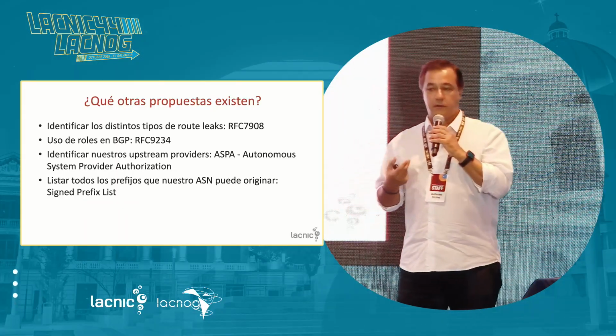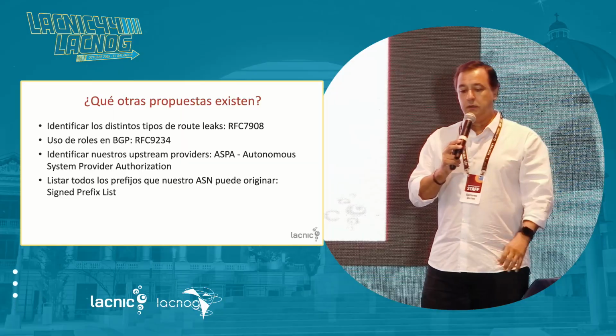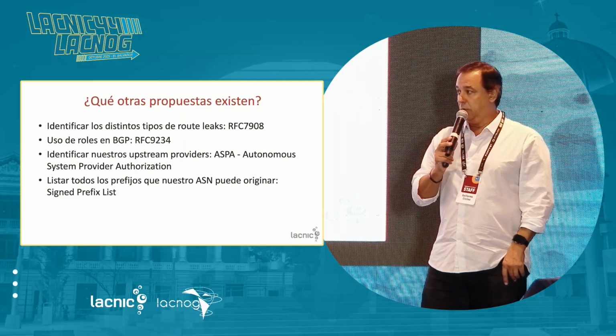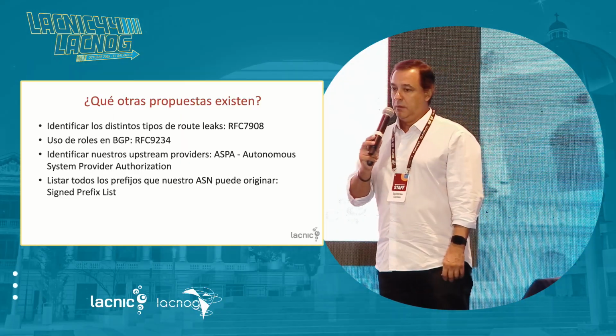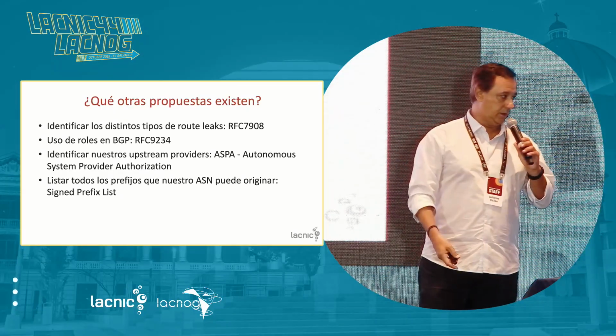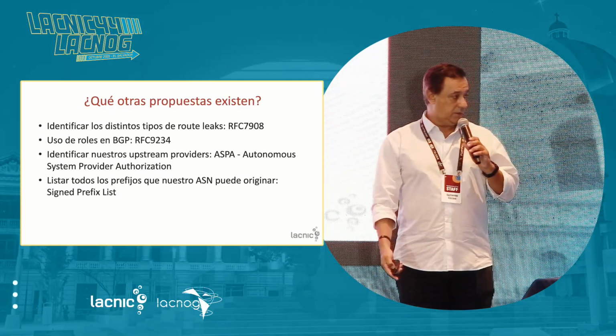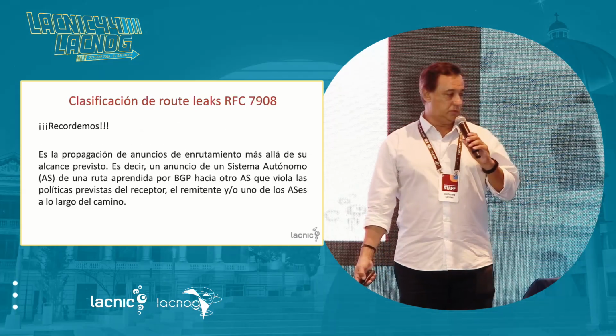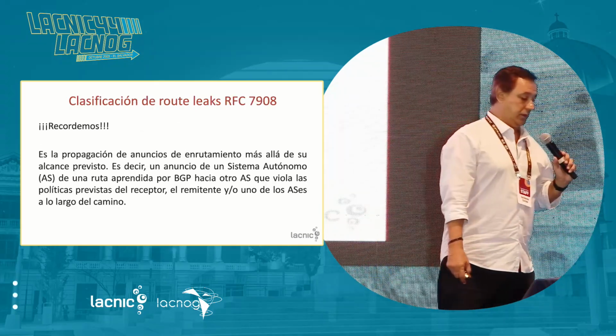Then we have other proposals that are newer, like ASPA, another one called assigned prefix list. Let us briefly look at these. Erica, you're going to speak about the route leaks and the announcements.